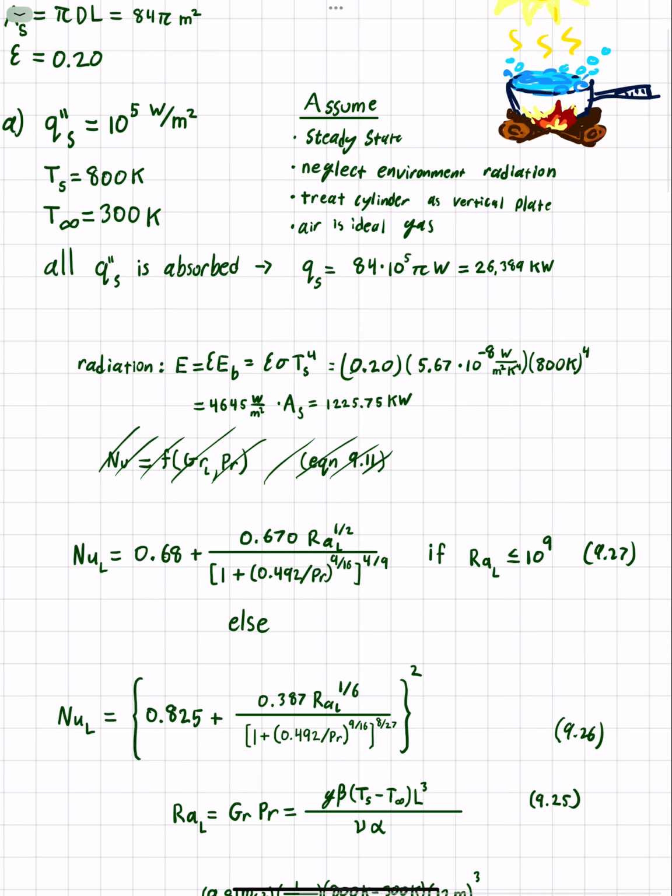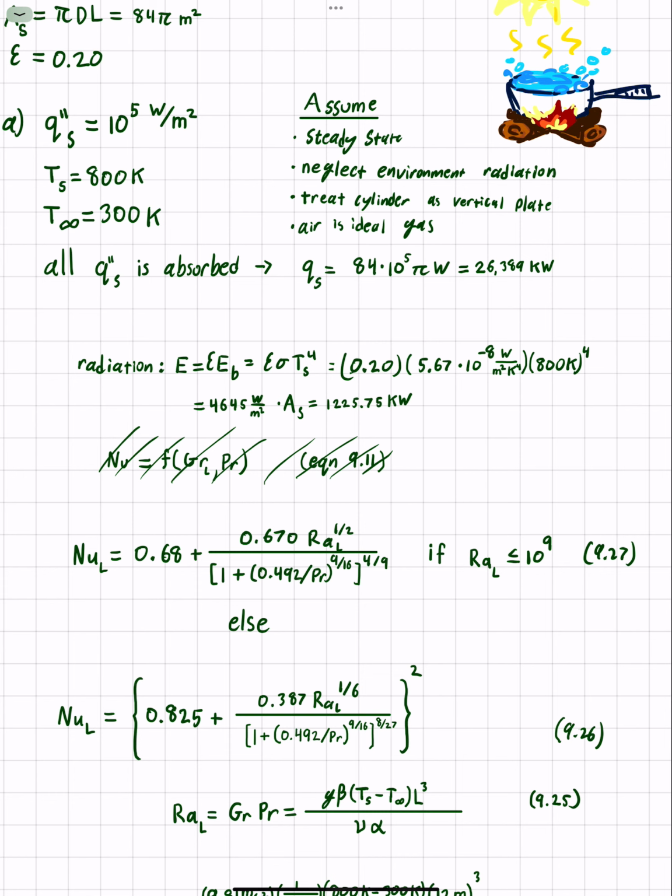Radiation E is equal to emissivity times E of a black body, which is equal to emissivity times the Stefan-Boltzmann constant times surface temperature to the 4th. We have all of these values. The emissivity is 0.2, the Stefan-Boltzmann constant is 5.67 times 10 to the negative 8 watt per meter squared Kelvin to the 4th, multiplied by the surface temperature of 800 Kelvin to the 4th.